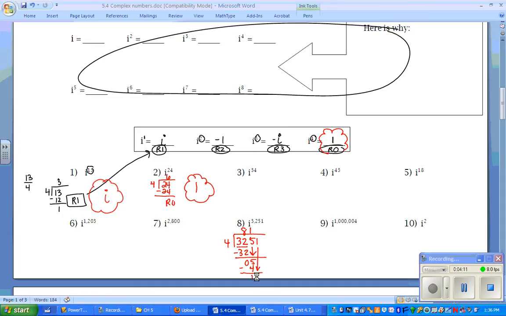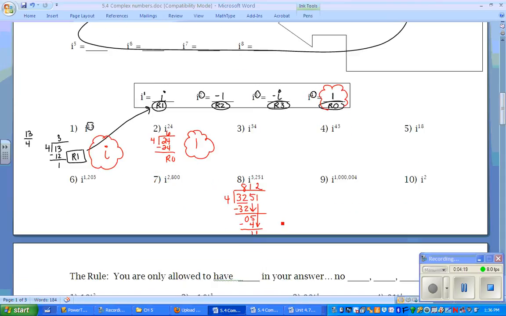We drop down our other 1. 4 can go into 11 twice. 2 times 4 gives me 8, and when I subtract, I get a remainder of 3. So the remainder of 3 pairs up with i to the 3rd, and my final answer here would be negative i.